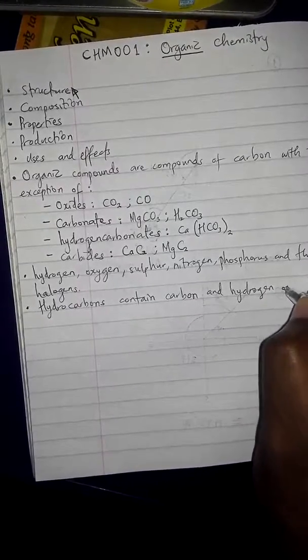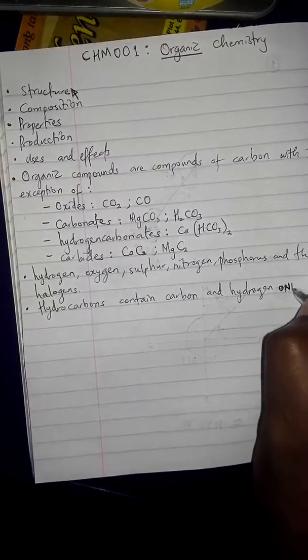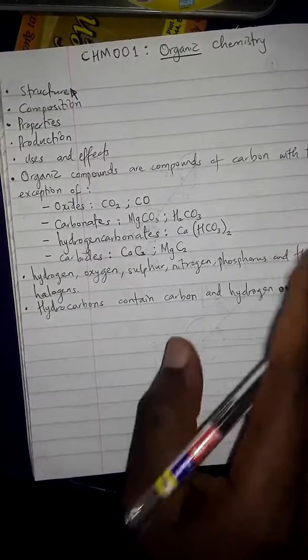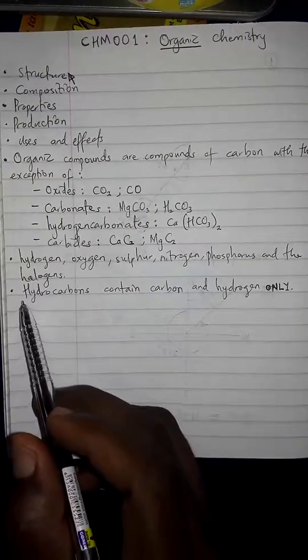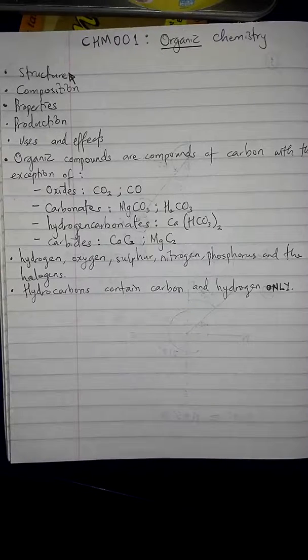That's why they are called hydrocarbons. These are the commonest organic compounds you're going to be coming across in our studies as we move on. Please bear that in mind.